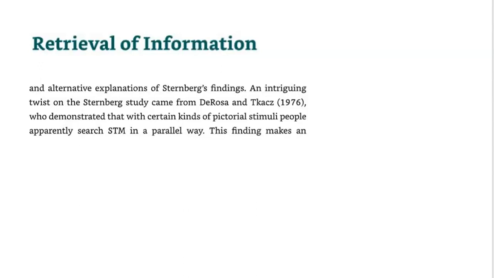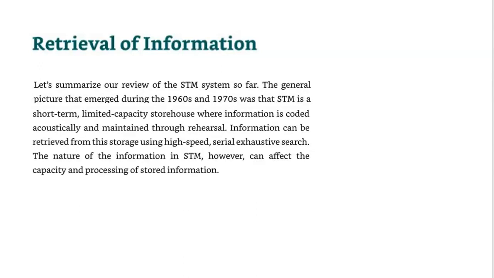On the other hand, if it's a picture or something that could be more visually discerned, in that case, it would be more likely to be parallel. Now, again, I would refer you back to the chapter where it describes the task in which a number or a letter is sought after. It's not exactly analogous to searching for DVDs in your collection.